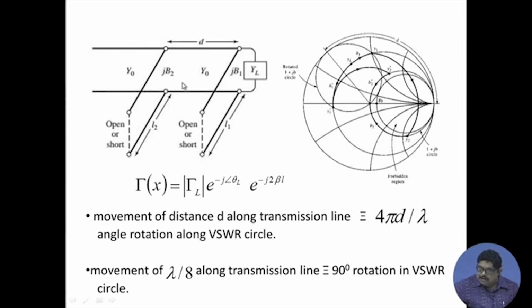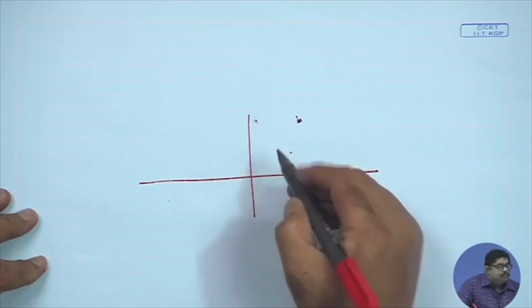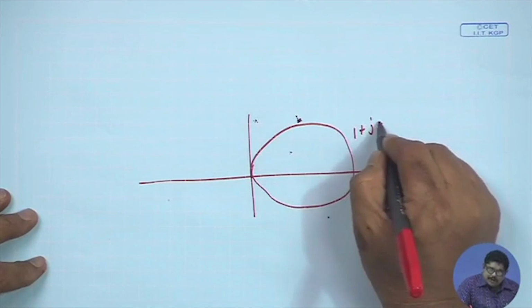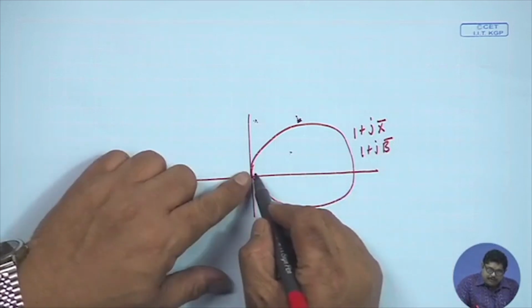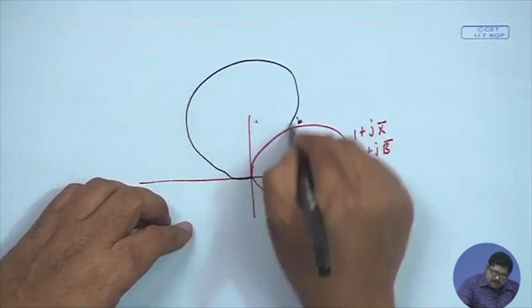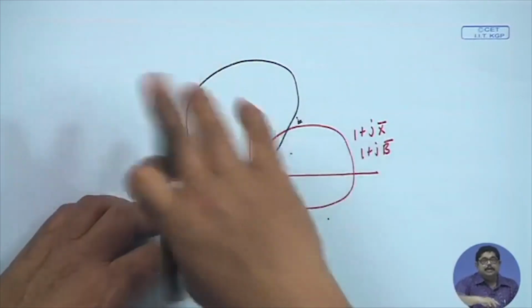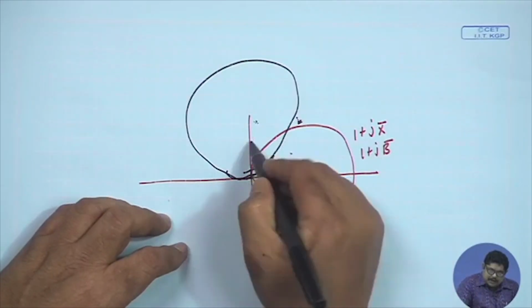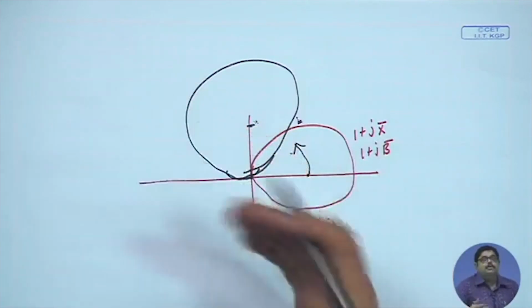Now, you see the beauty. Suppose I have in a Smith chart a constant 1 plus jx circle, or 1 plus j beta circle, whatever you call it. Now, a 90 degree rotation of this circle gives this same circle here, a reflection. I have changed from this center to this center. So, I have gone here, and this is called the towards-load reflection.